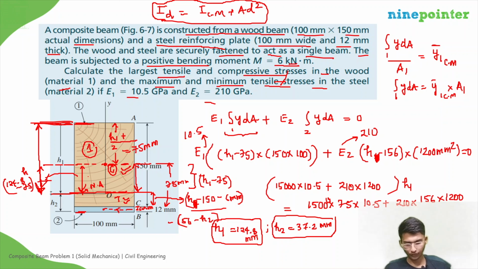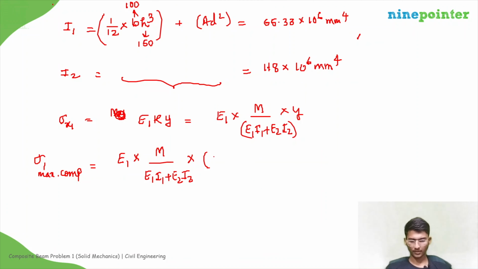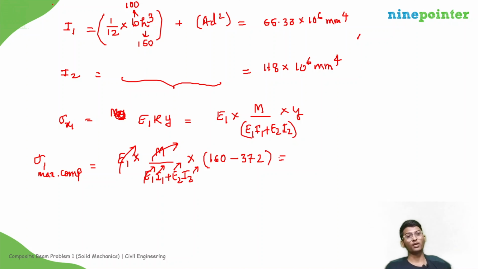So that will be 160 minus H2. Okay. So 160 minus the value of H2, which is 37.2 mm. So we know the value of M, E1, I1, E2 and I2. So from that we will get the value of sigma 1 max compression. And sigma 1 max tension.